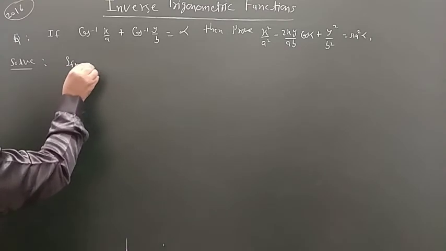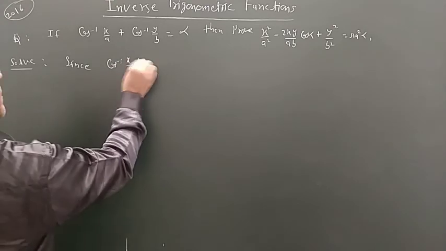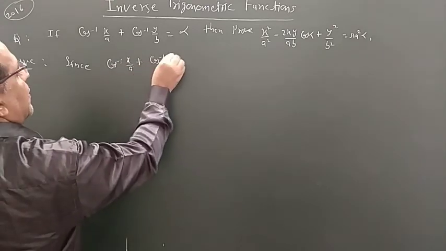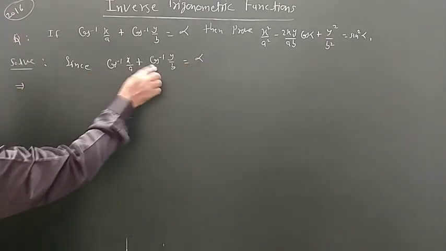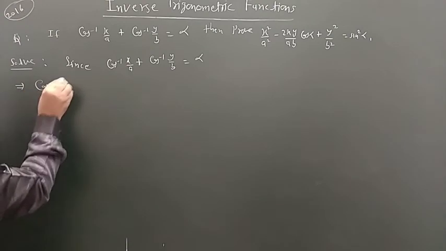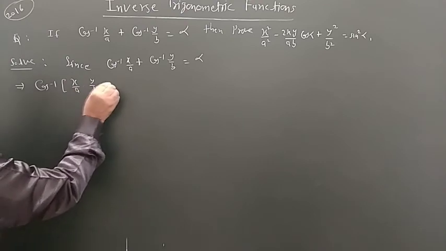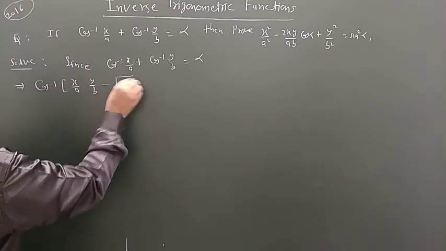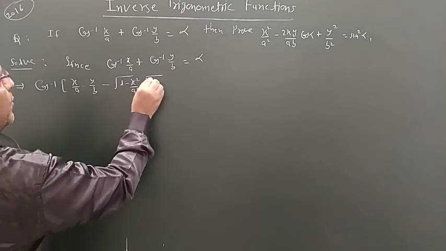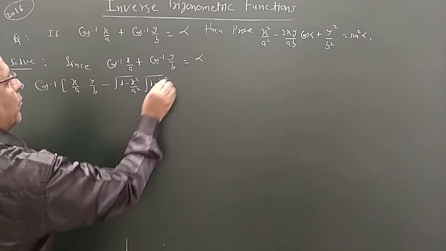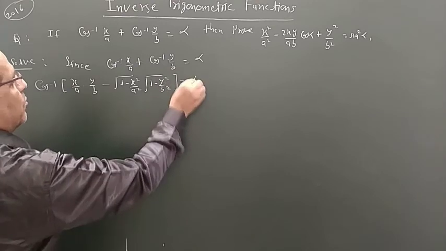Since this is given cos inverse x upon a plus cos inverse y upon b equal to alpha, apply the identity of cos inverse. So we have cos inverse of x upon a into y upon b minus square root of 1 minus x square upon a square times 1 minus y square upon b square equal to alpha.